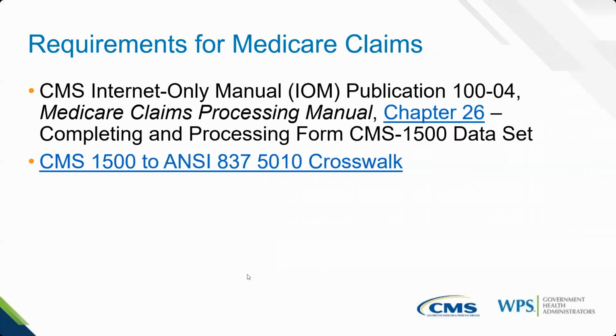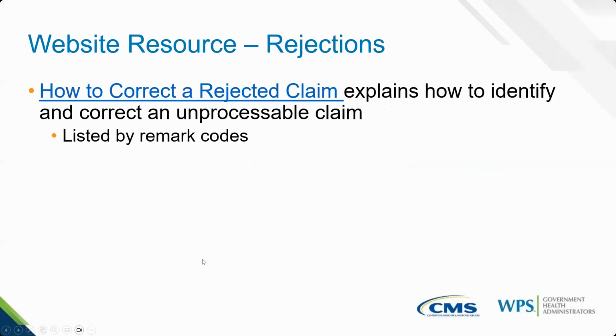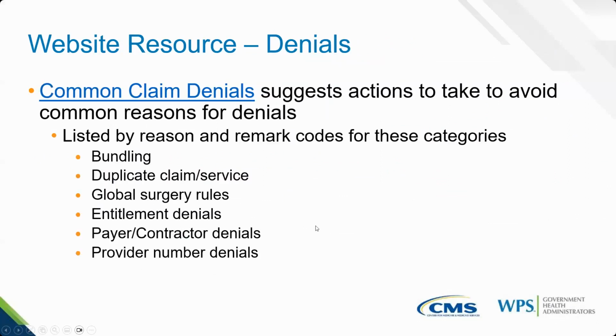So one of my favorite tools that I like to show off during these presentations, this is a resource on our website that speaks to rejected claims, how to fix them. We list these by remark codes. Remember those remittance advice remark codes that I talked about early on that tell you why a claim denied. Common claim denials.